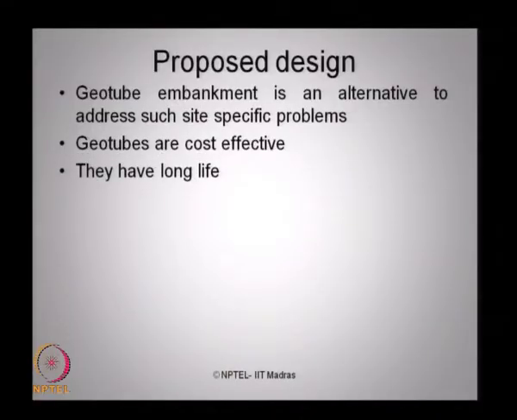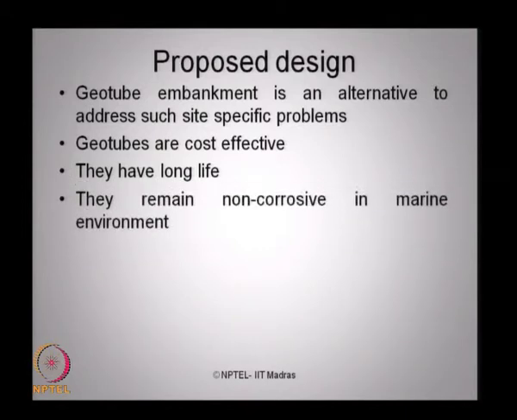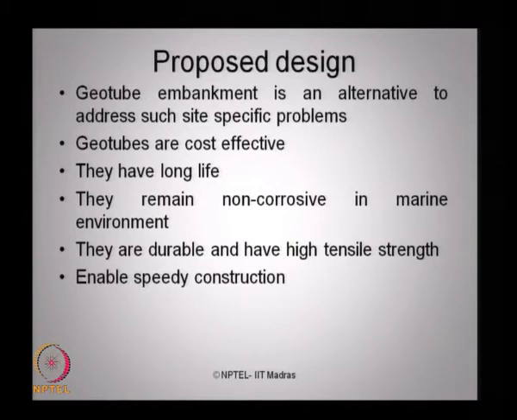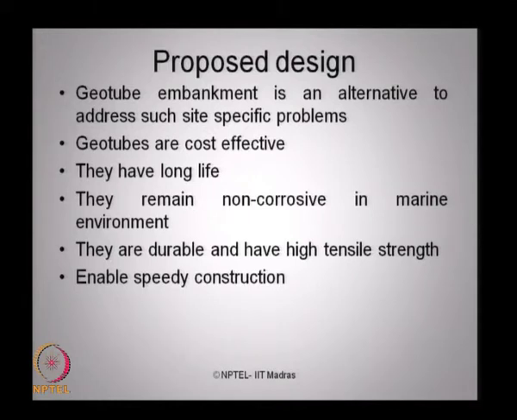They have a very long life, and they remain non corrosive in marine environment, which is one of the important criteria for recommending geotube for coastal protection systems. They are highly durable and have a very high tensile strength. They enable very fast construction. The period of construction of embankments using geotube is relatively less in comparison to conventional rubble mound type embankments.